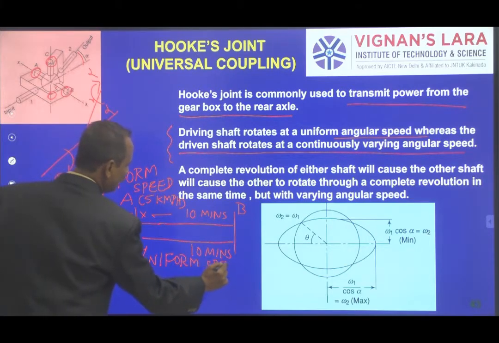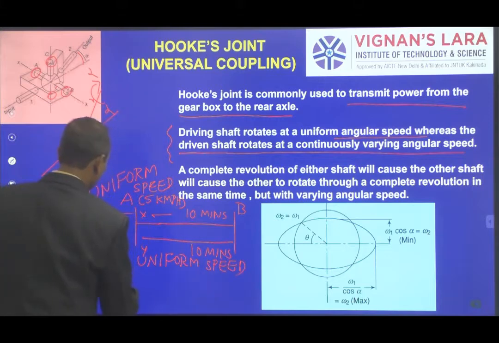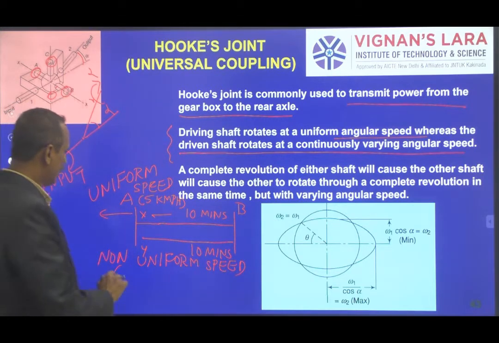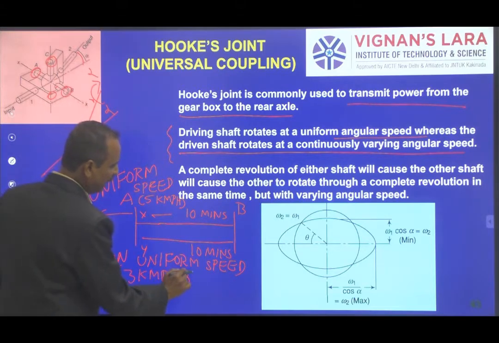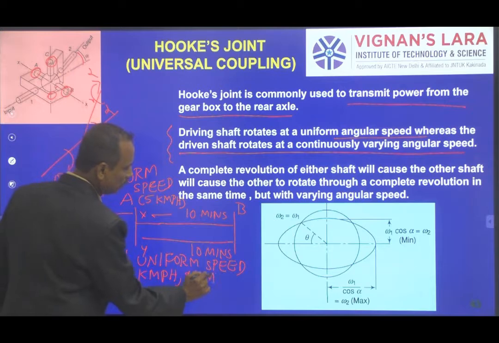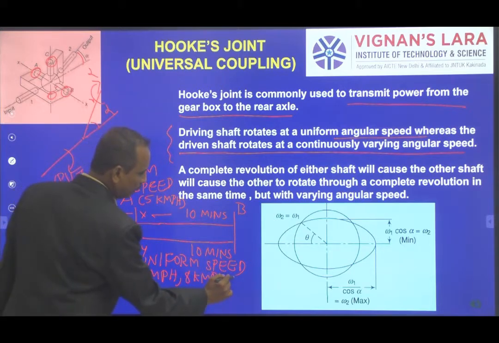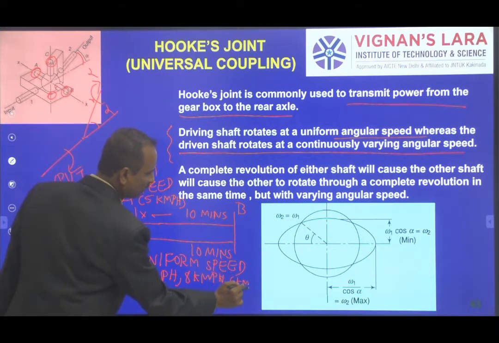That means he traveled sometimes like 3 kmph, sometimes like 8 kmph, sometimes like 6 kmph.